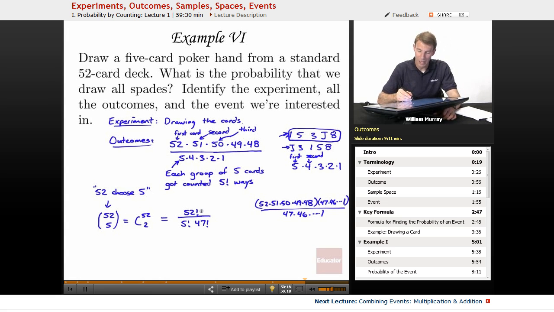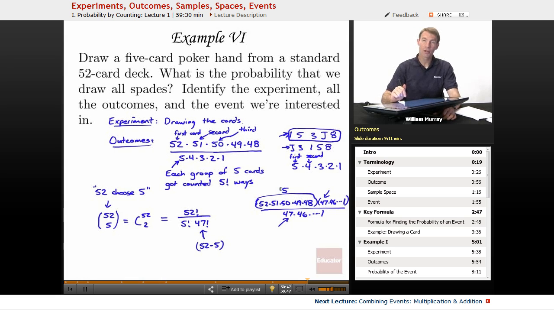You expand it out by doing 52 factorial divided by 5 factorial, and this 47 factorial really came from the fact that 47 is 52 minus 5. That's where that came from, because that 47 came from this 47 here, which came from the fact that we had already used up 5 of the factors of 52 factorial there.